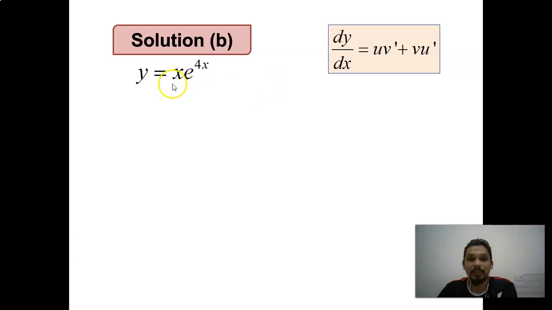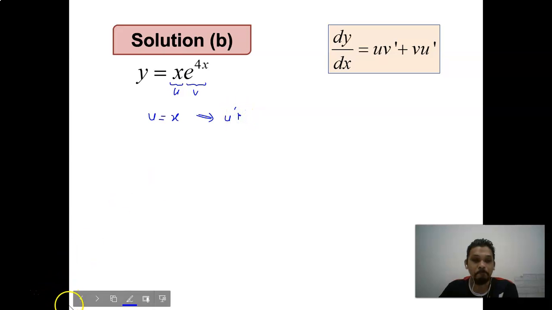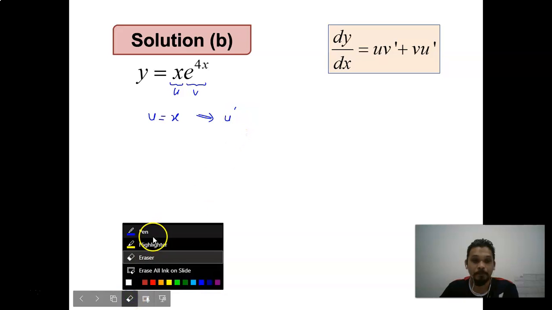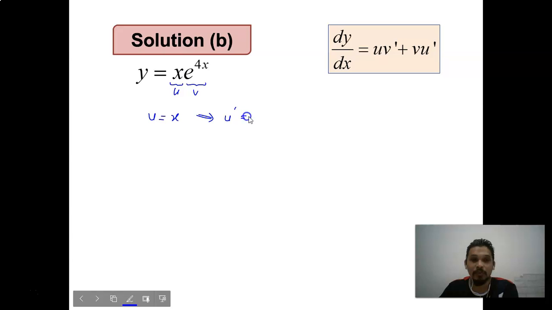Okay, now just imagine that this is u and this is v. So u equal to x, then u prime equal to 1, and v equal to e to the power of 4x.